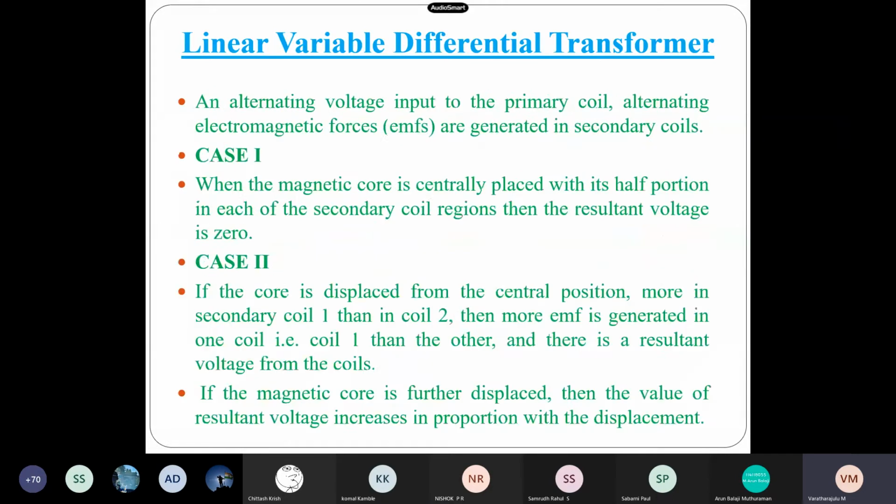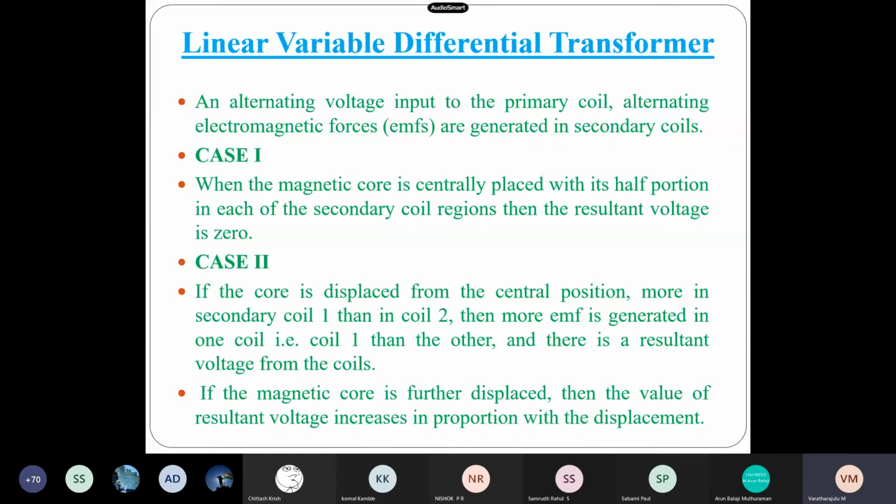These are the two cases which I have designated: an alternating voltage input to the primary coil, and alternating electromotive force generated in the secondary coils. When the magnetic core is centrally placed with half of it in each of the secondary coil regions, the resultant voltage is zero. That is what is called the null position.